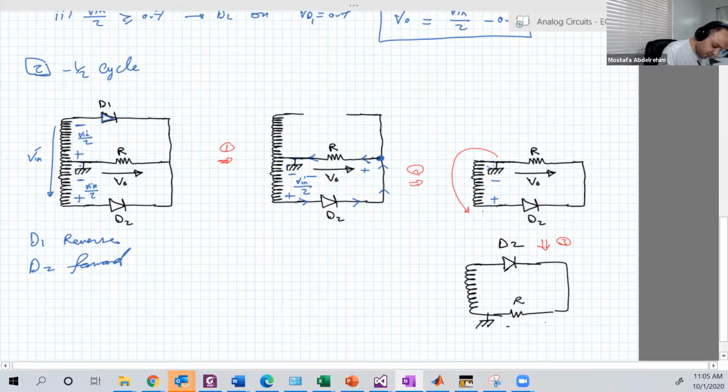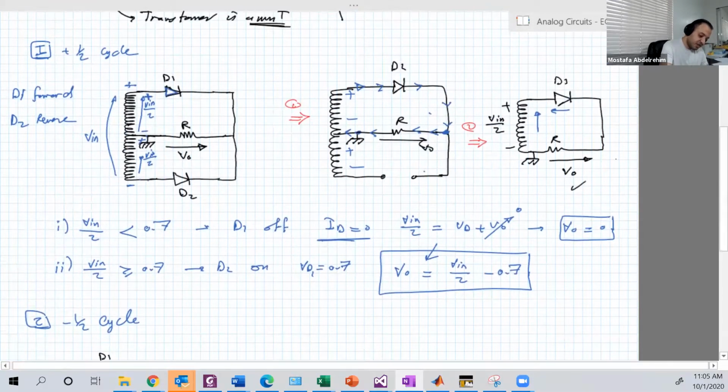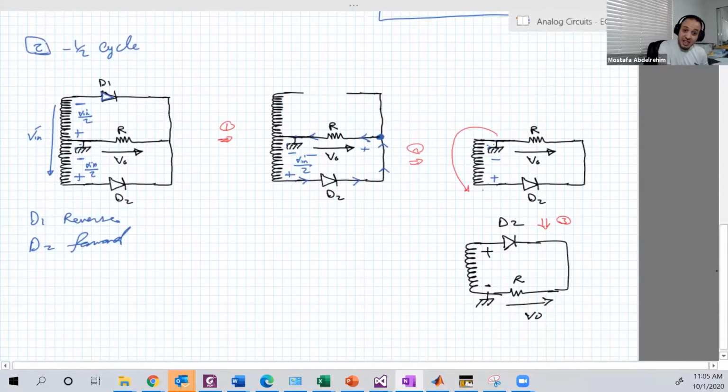This is R. This is VO. And this is exactly that circuit, exactly the same, with the same analysis as well. And this is V input dash over 2.